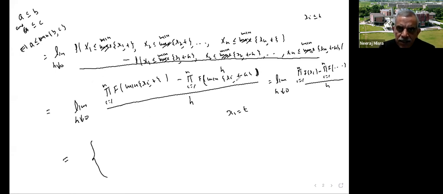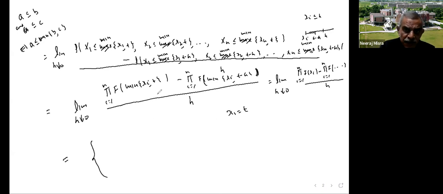Now just try to see what happens in that case. If each xi was less than t, then because h is going to 0, t was over here, t minus h was over here, I can choose h sufficiently small so that t minus h is bigger than xi, and then I'll get this to be 0. So the only situation arises when one of them is t and the rest of them are less than or equal to t.